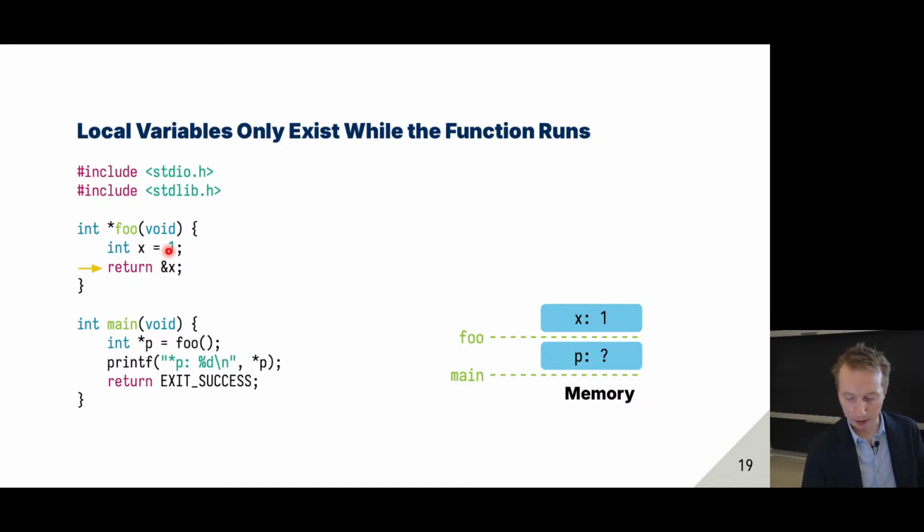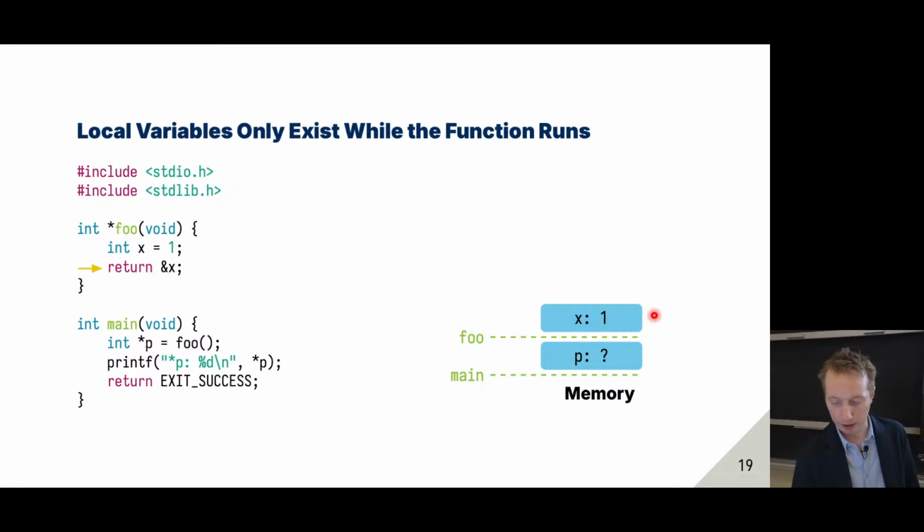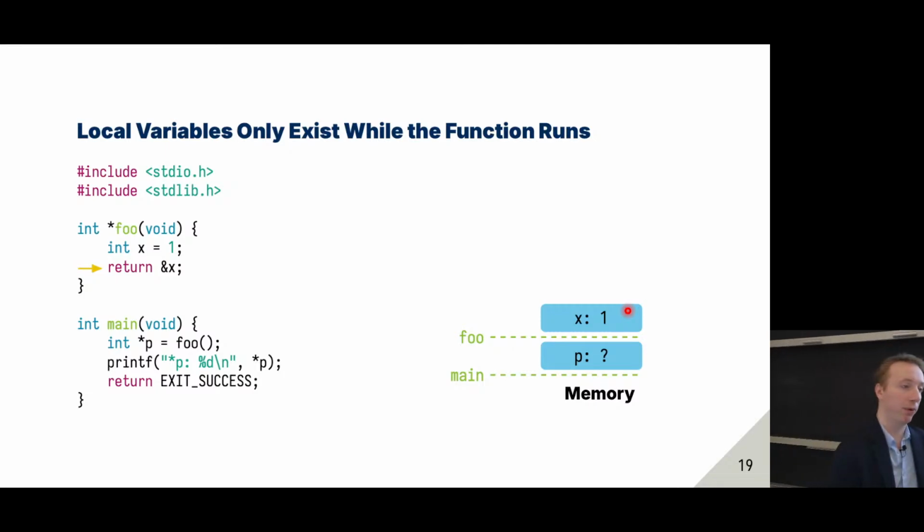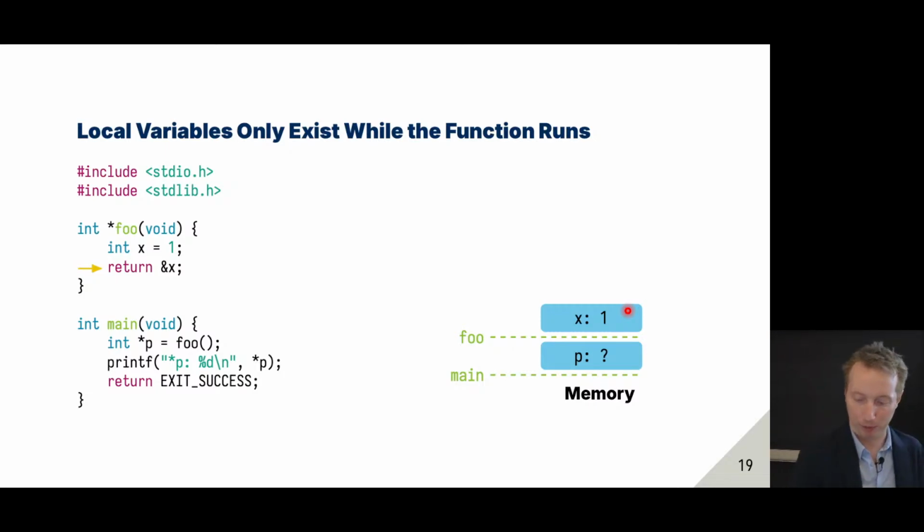So we set it equal to 1, and now we return the address of x. So we return a pointer where the arrow points into x equals 1. It points right at x. But after we return from foo, we go back to main and we resume.